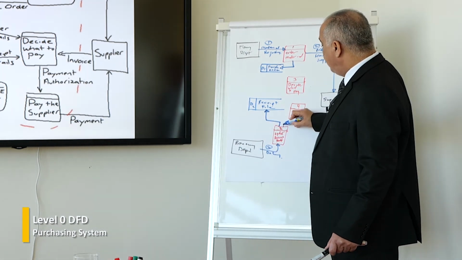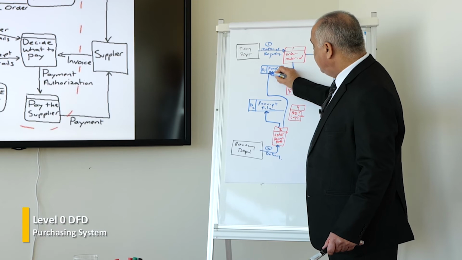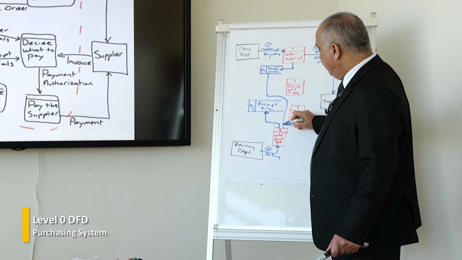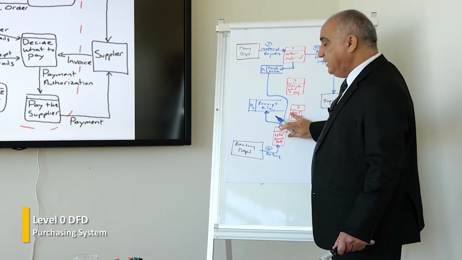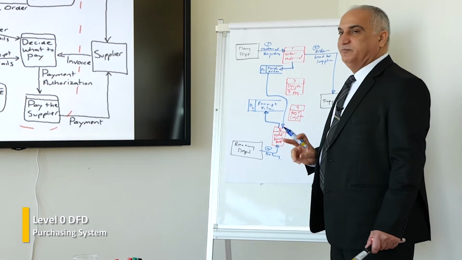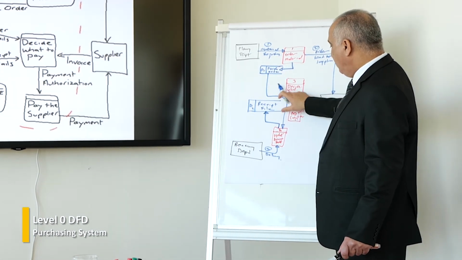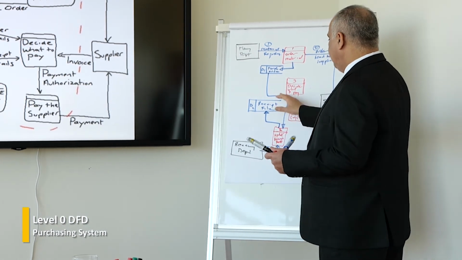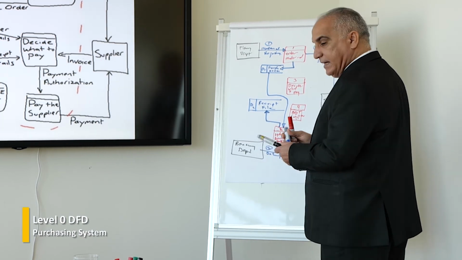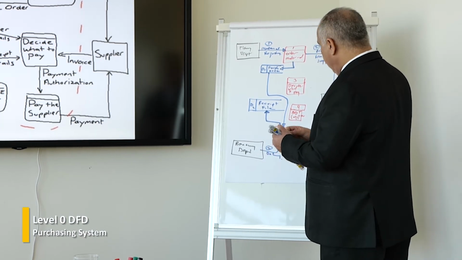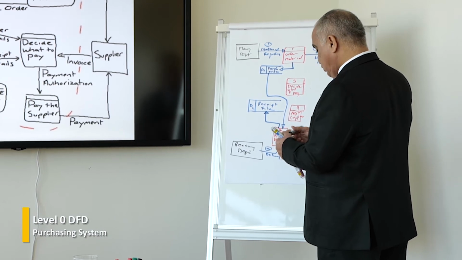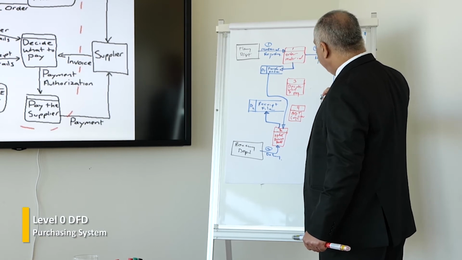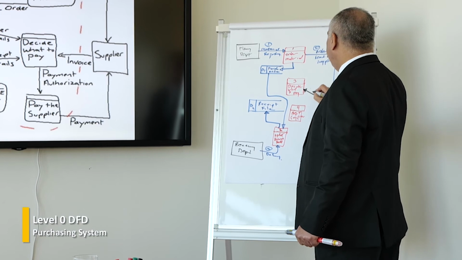In this case, it could access, basically reading from the purchase order file, so they are checking. Now, in this case, material received. Now look at that: the supplier is going to do what? The supplier is going to send us an invoice. So, sending an invoice.